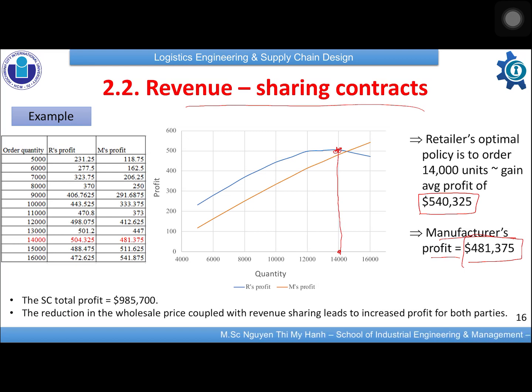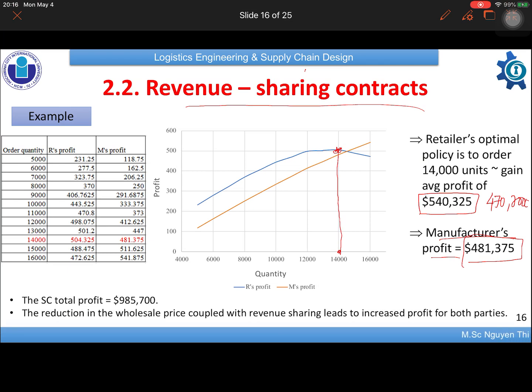So compared to when they don't do revenue sharing, this is 470, right? Sorry. When they don't do it, it is 477,700, and here is 440.